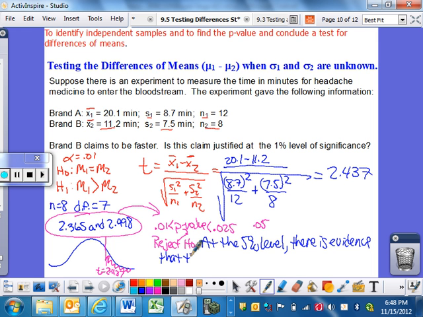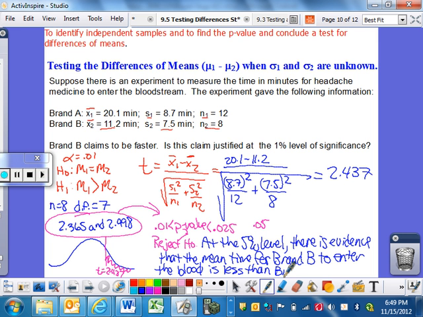That the mean time for brand B, and what is brand B doing? Enter the blood, is less than brand A. Alright?